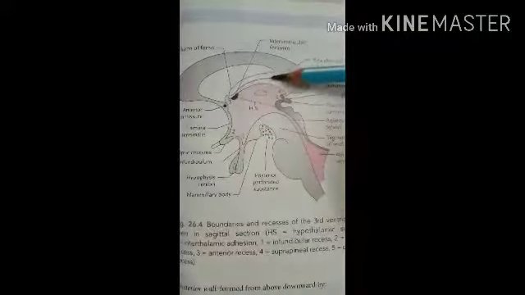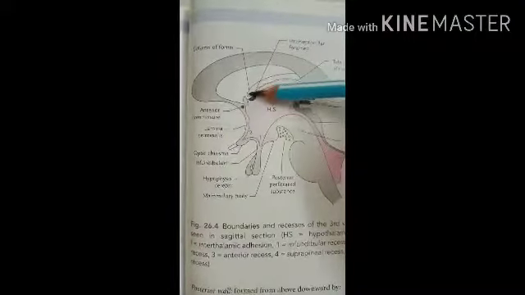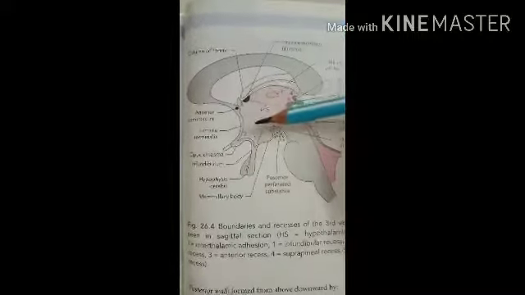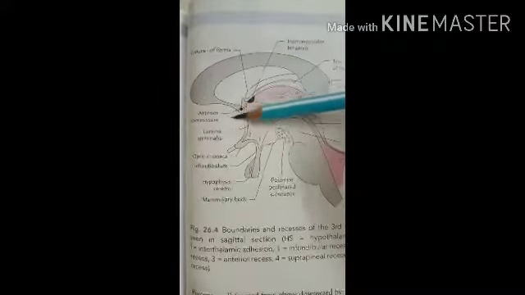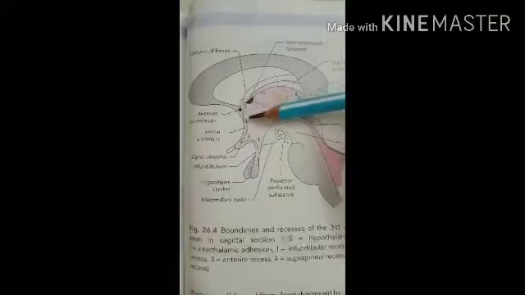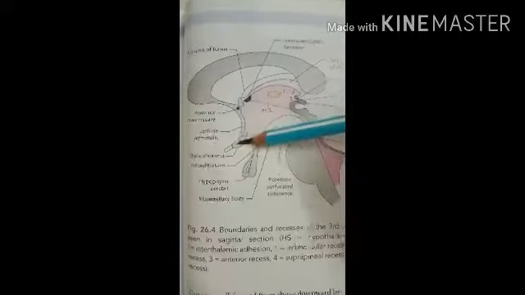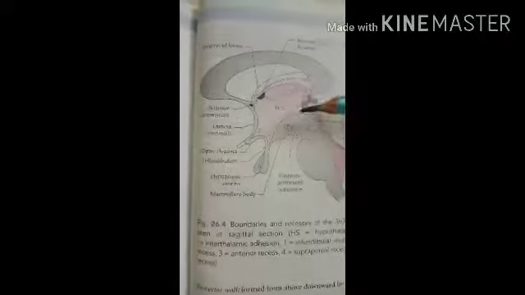So here you can see this is the fornix. The anterior wall is formed by the anterior column of the fornix. Then the anterior commissure, this one. Then the lamina terminalis, this one, and next to it is the posterior wall.